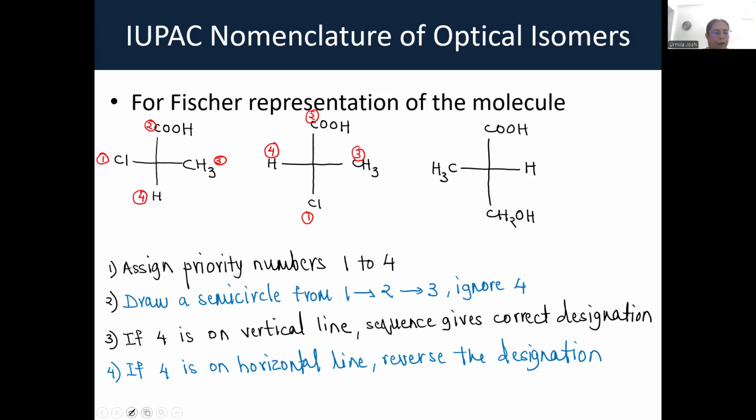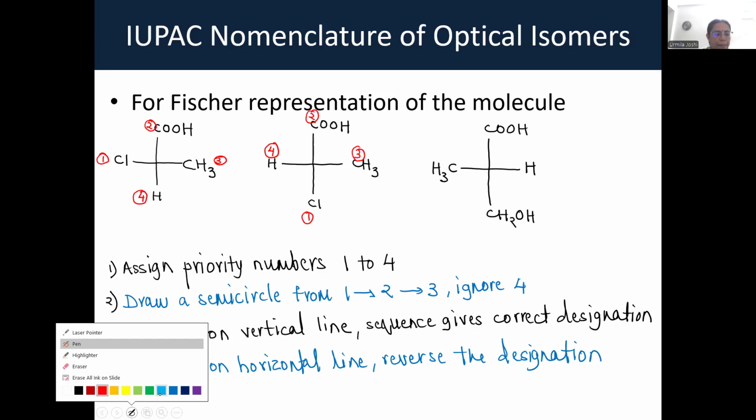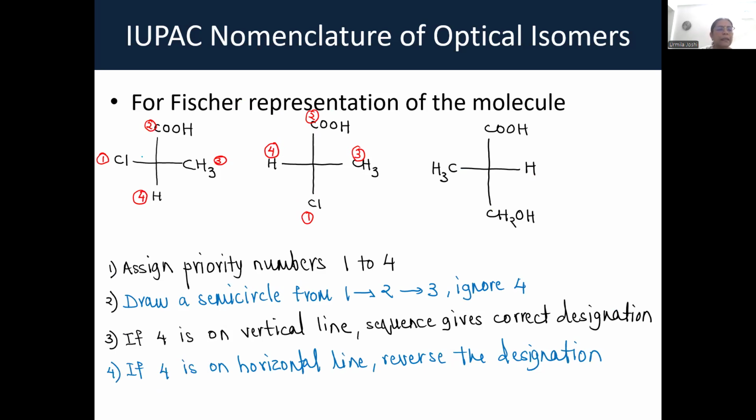After assigning priority numbers, you trace a semicircle. That method also remains the same. This is going from 1 to 2 to 3. Okay. This is clockwise, correct? After 9 o'clock comes 12 o'clock and then 3 o'clock. This is clockwise. And the fourth priority group is on the vertical line, irrespective of whether it is pointing upwards or downwards, but it is on the vertical line. So, this is clockwise, so it is R.